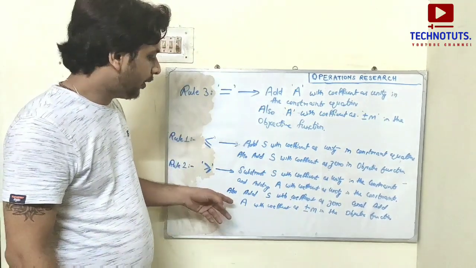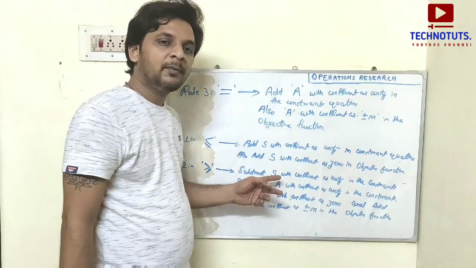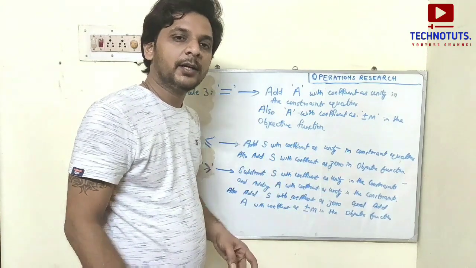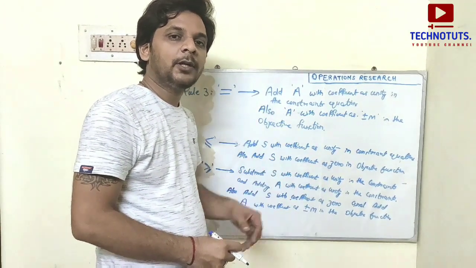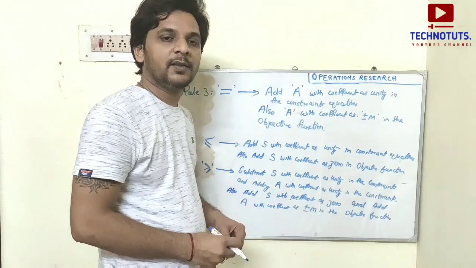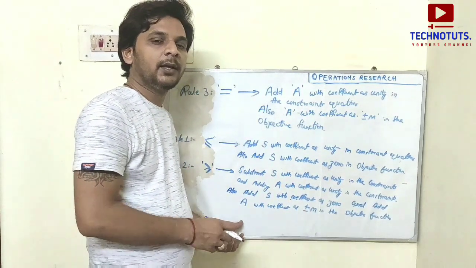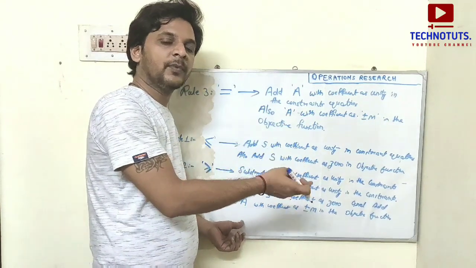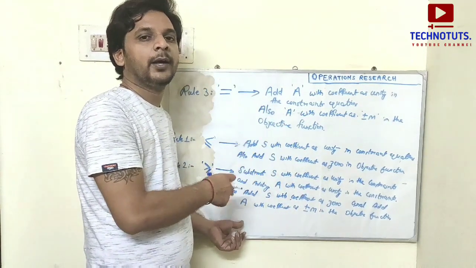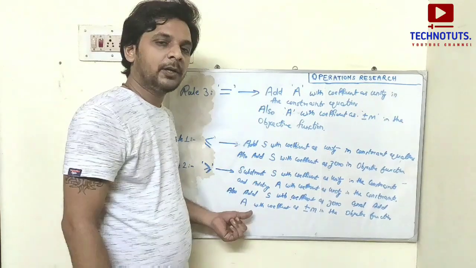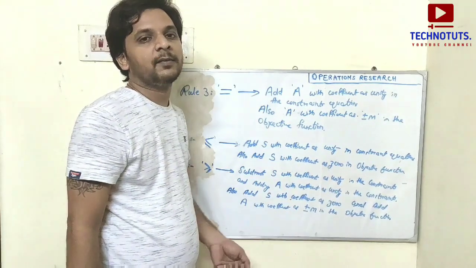Also, you have to add the same slack variable in the objective function with its coefficient as 0, and the artificial variable a that you added in the constraint equation, the same variable you have to add in the objective function also with its coefficient as plus minus M.